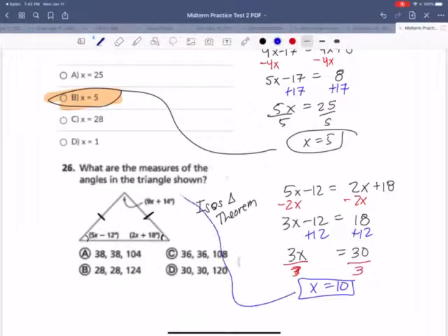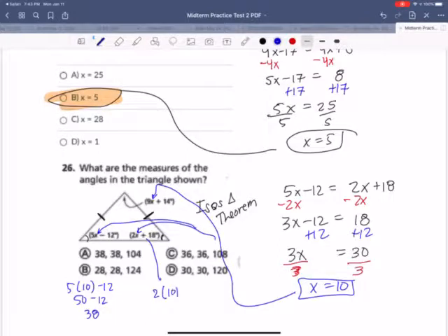Okay, so I can now plug this back in. 5 times 10, take away 12, 38. 2 times 10 plus 18, 38. That makes sense because I said these angles are equal, right?